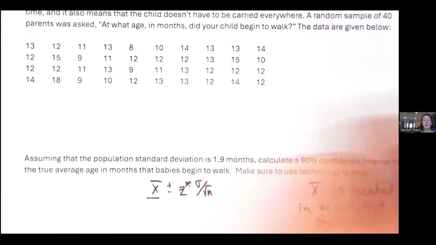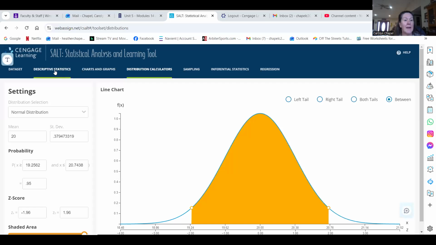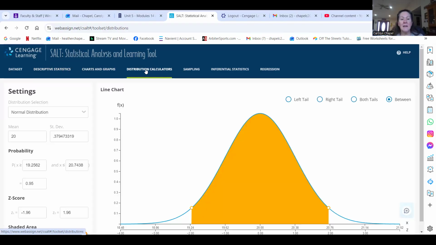Okay, so when you're in there, I'm going to go back to SALT, kind of show you. So when you're in SALT, you're going to want to go back here in this descriptive statistics. I wish there was a way to nicely show this, but you will have some information there that is directly related to this data, and it will have your mean, your standard errors, all that kind of stuff. But you want to make sure we're using the standard error for this question.